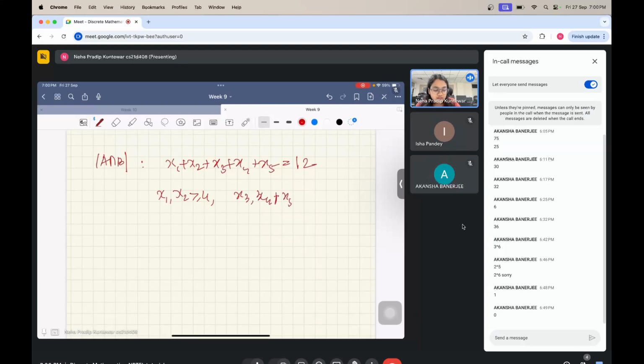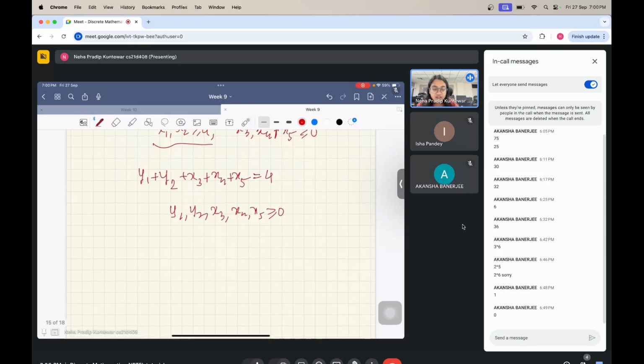Exactly. And then how do you modify this equation with the new variables? To x1 we add 4, to x2 we add 4, and that becomes y1 plus y2 plus x3 plus x4 plus x5 is equal to 4. Exactly. And now all of these variables are greater than or equal to 0.